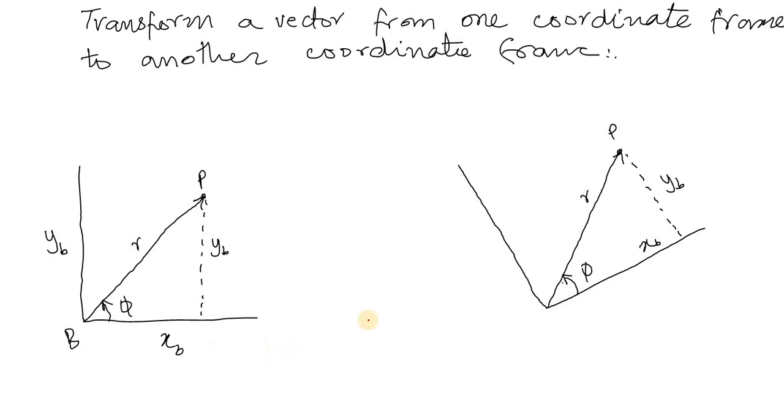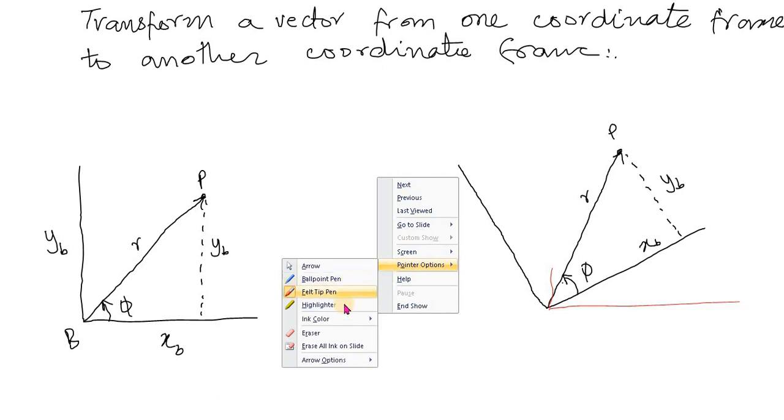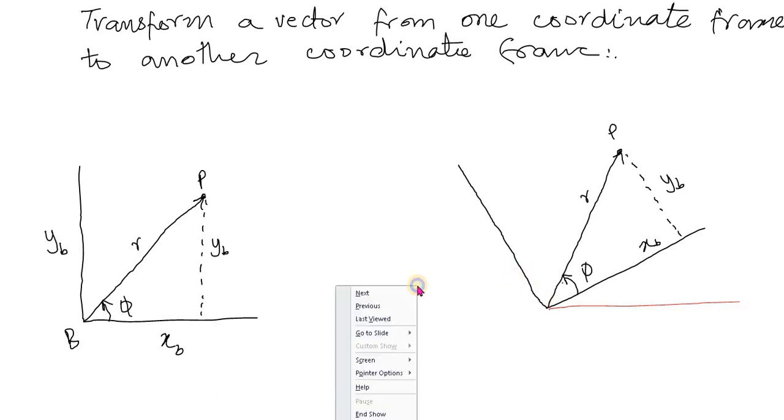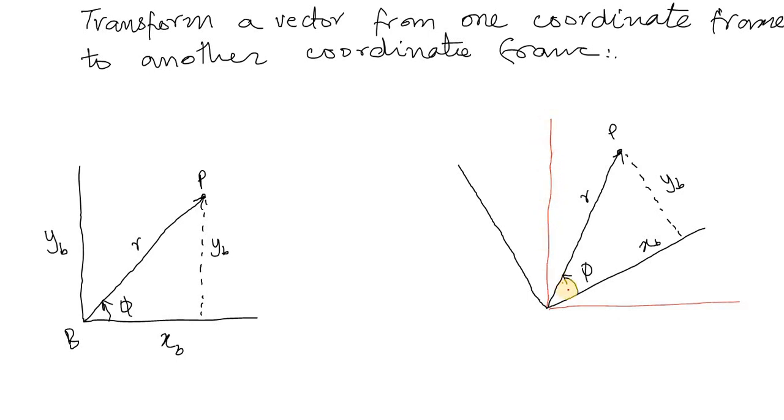And what will be its orientation in another frame? Let's say we have a new frame and we call it A. So what will be the value of this vector R in this new frame, which is the A frame?